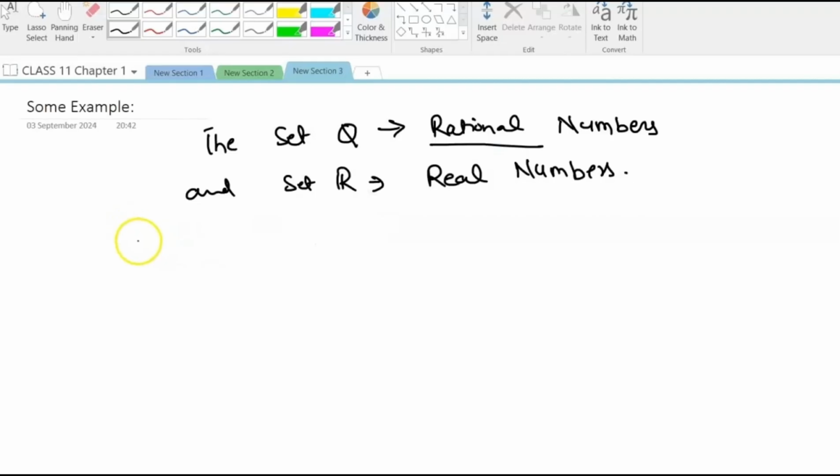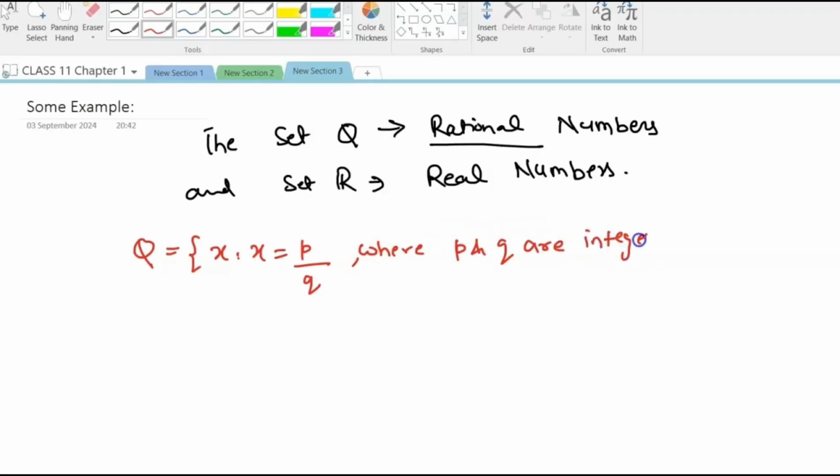Rational numbers are numbers that we can write in the form of p by q, where p and q are integers and q is not equal to 0. This is the set of rational numbers.